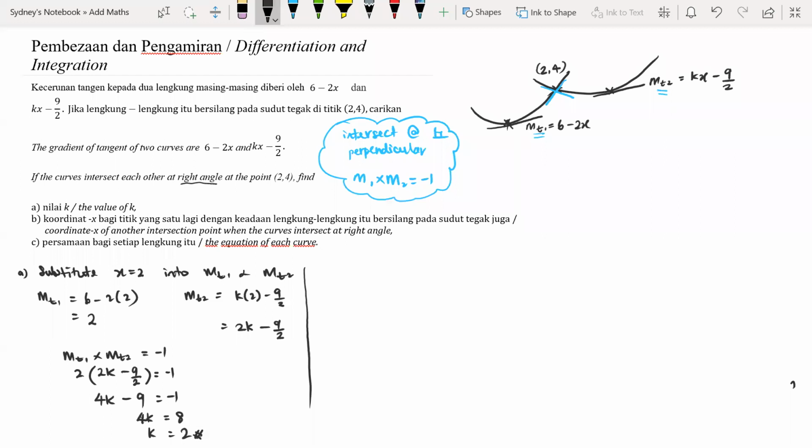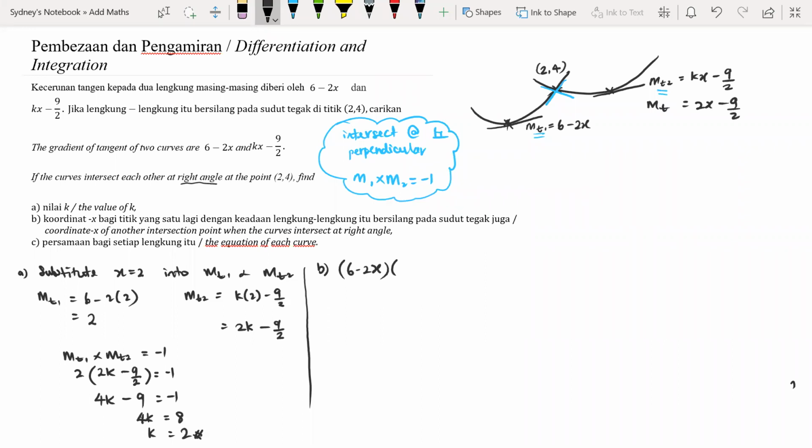Secondly, we have to find the x coordinate of the other intersection point. The same concept applies. We take MT1, which is 6 minus 2x, and multiply with MT2, for which we already found k is 2, so 2x minus 9 over 2.